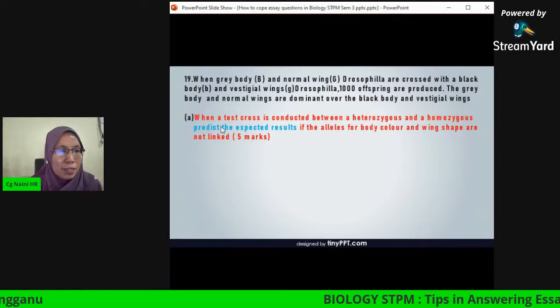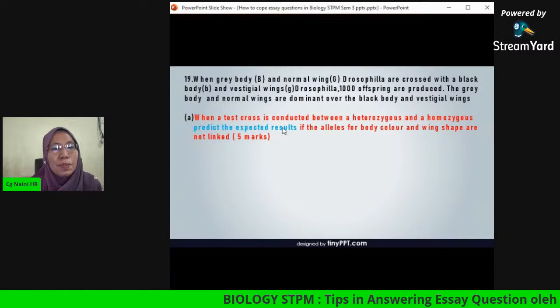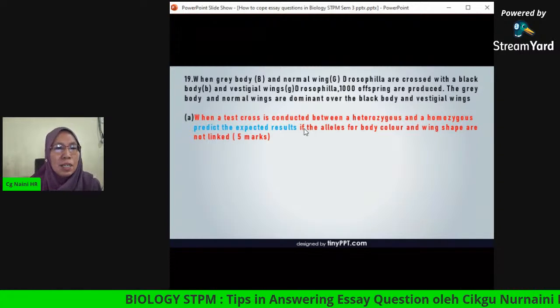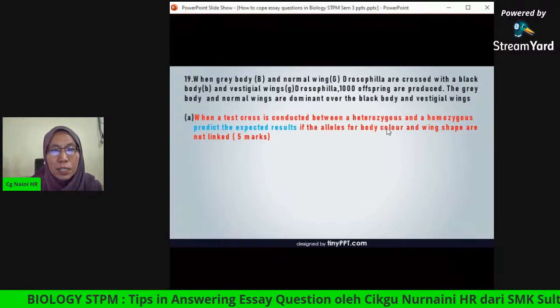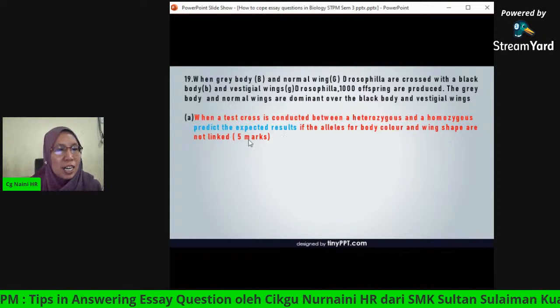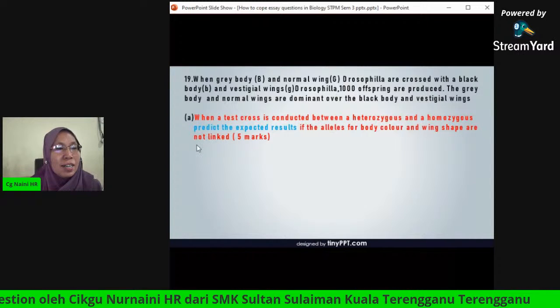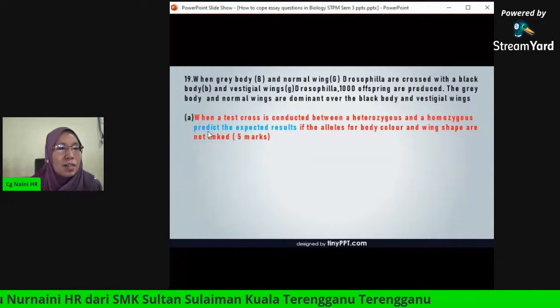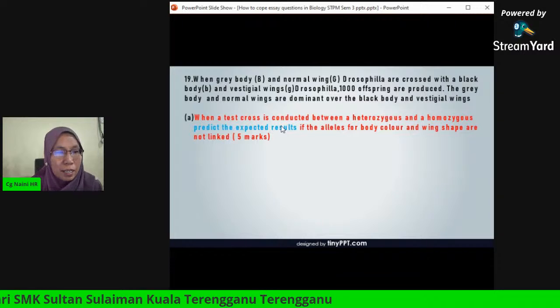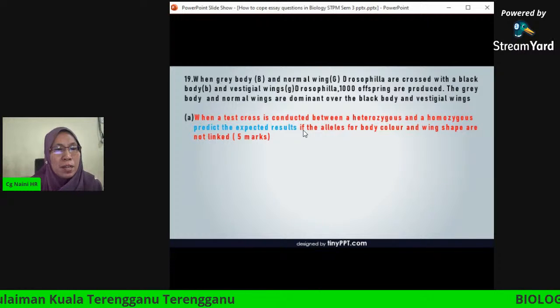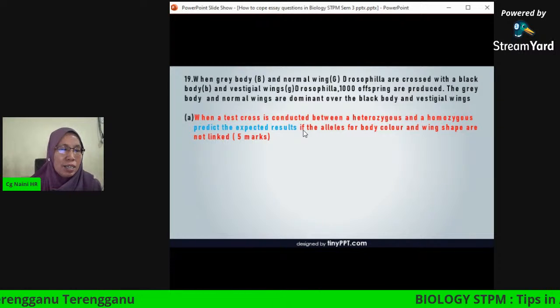There's an action word, and the keyword: if the alleles for body color and wing shape are not linked. That means it obeys Mendel's law. If linked, it does not obey.